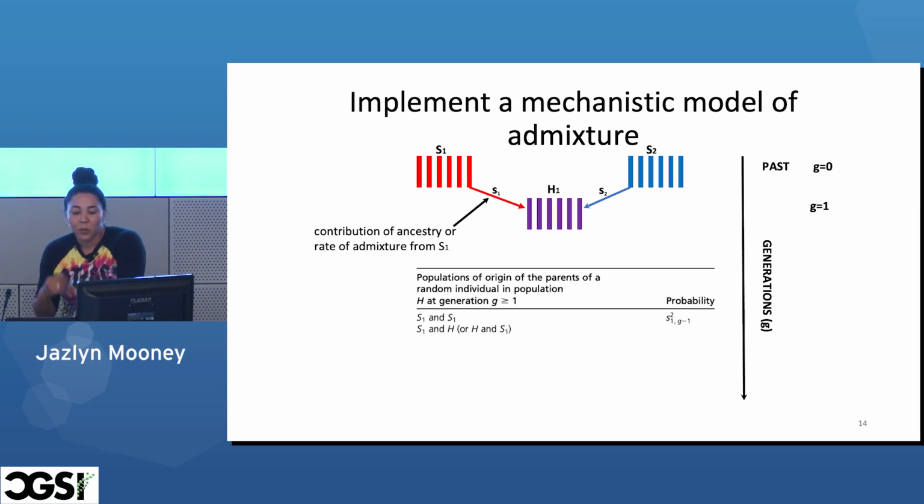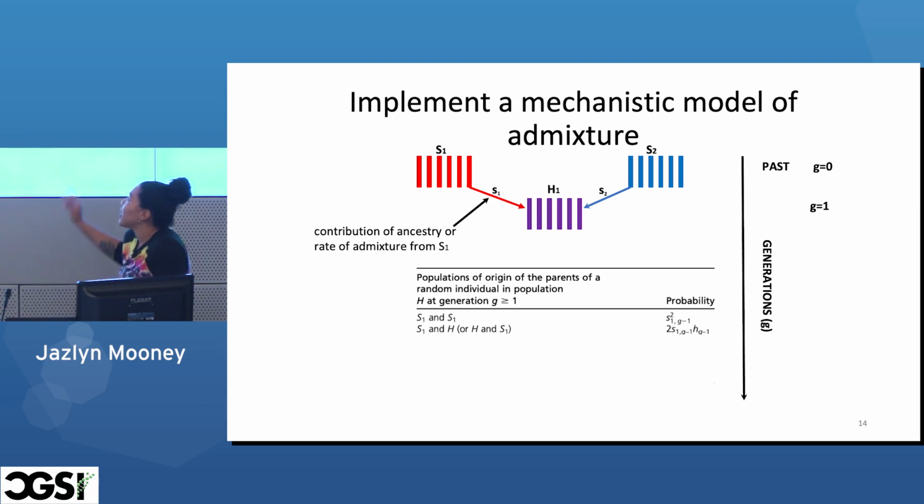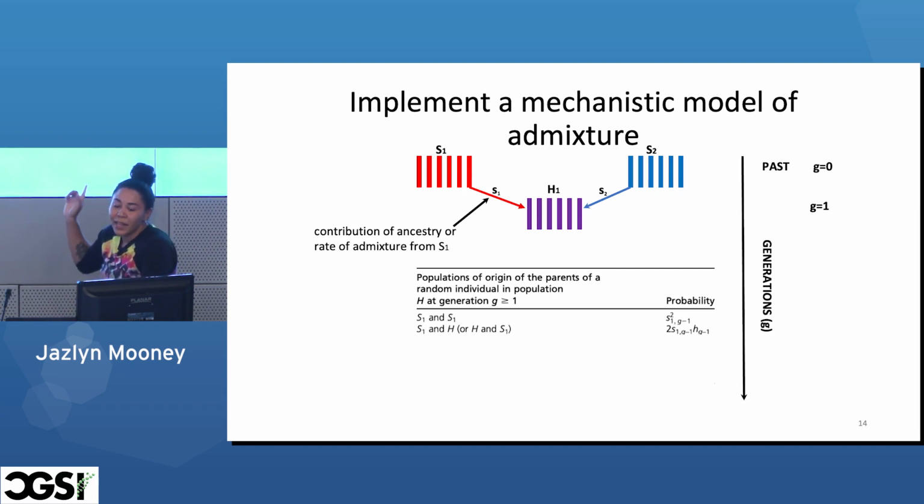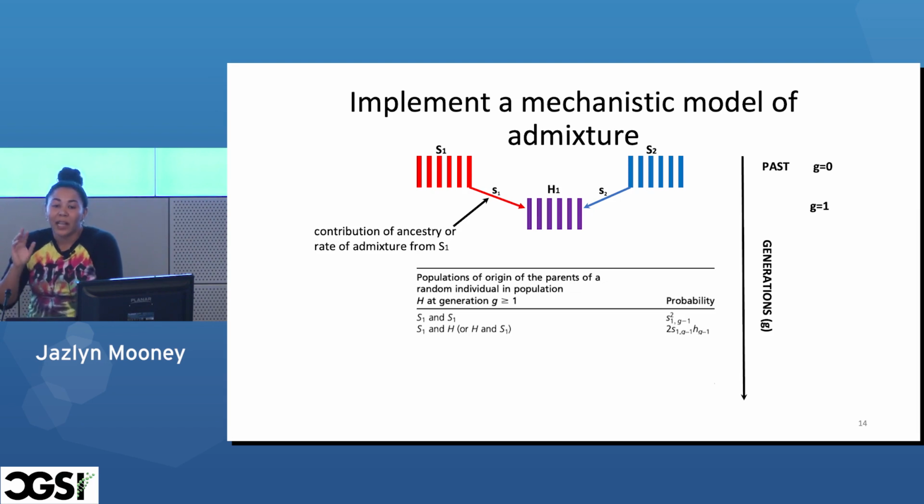And if I was asking, what's the probability that parents are coming from S1 and H? Well, then that's just the rate of admixture from S1, and then we take a random sample of one individual from the admixed population. And the reason here that it's multiplied by 2 is because I don't care whether your mom or dad is coming from the population. So you can collapse those into one probability.